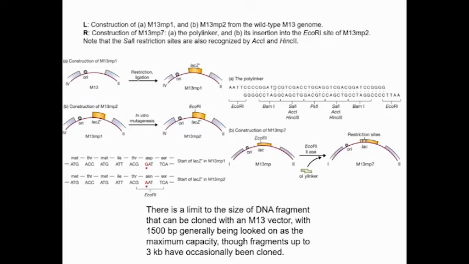So we can use this to do the blue-white screen, which we will explain in detail later. That's the reason we have the LacZ gene, so that we can do the screening easily by looking at the color of the colony. Then you can identify which colony carries the recombinant DNA plasmid.